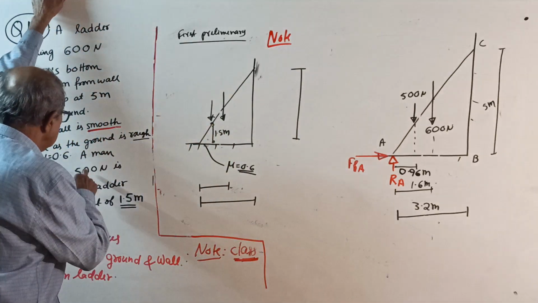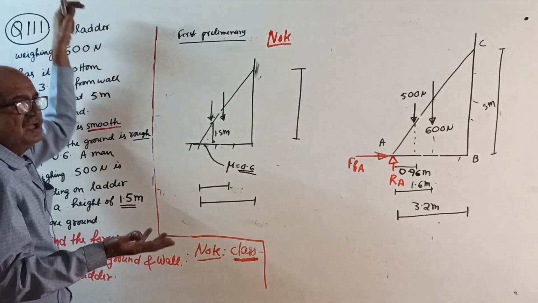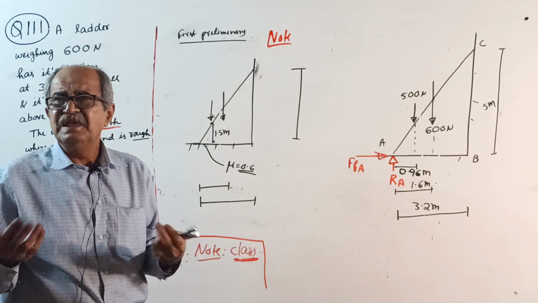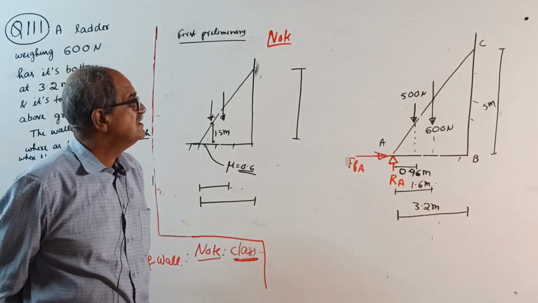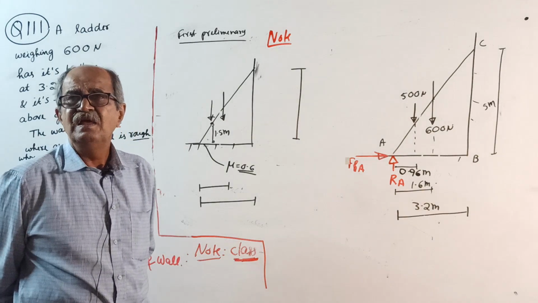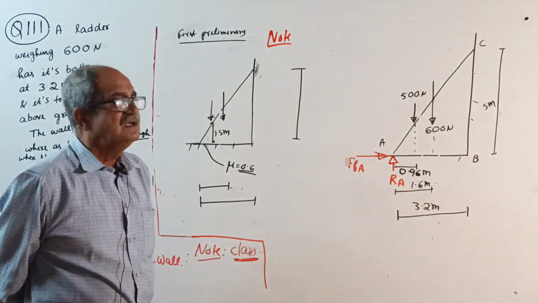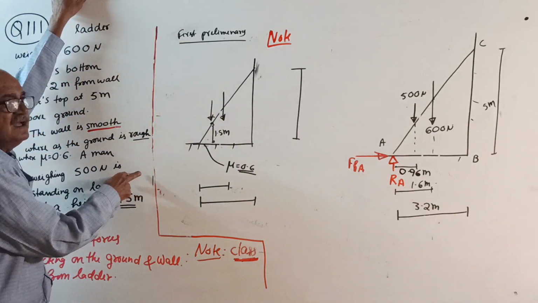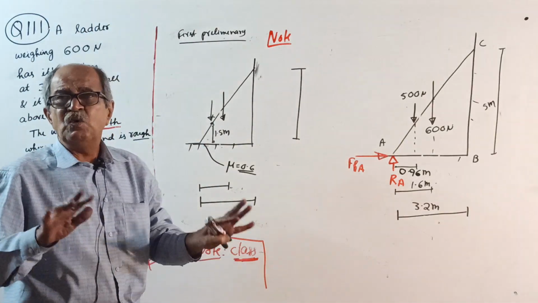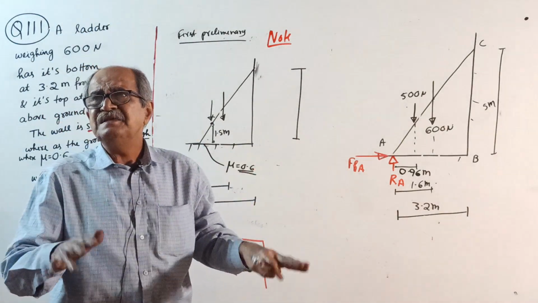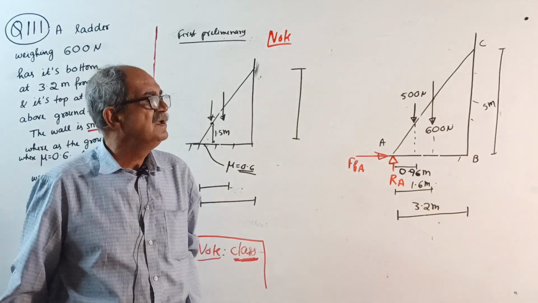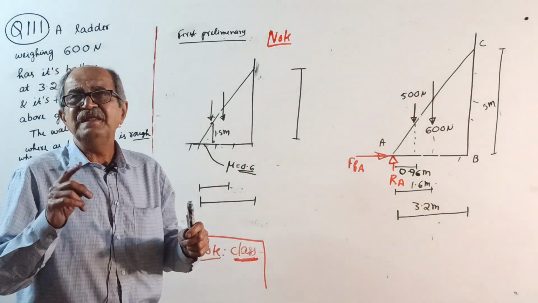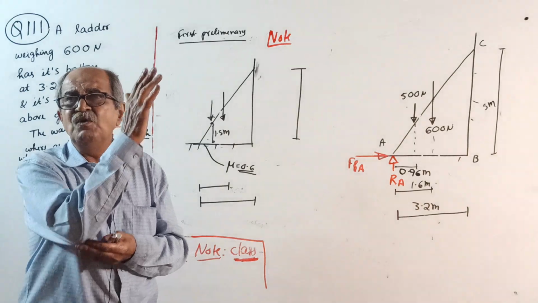They told the coefficient of friction. Yes, they can give the coefficient of friction. So what? It is their right. But then you can tell, sir, now it is not limiting friction. It is simply a question where the ladder is placed on the ground, bottom at the ground, top at the wall.